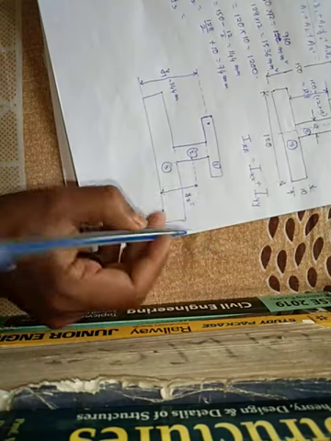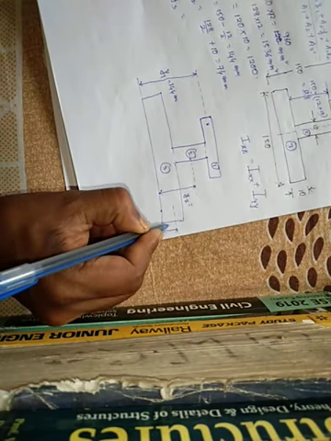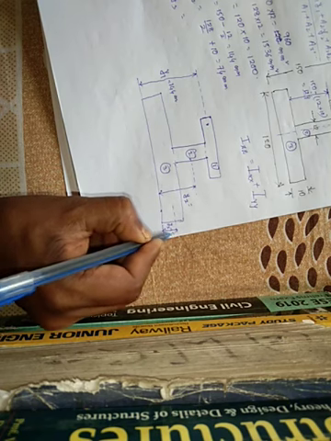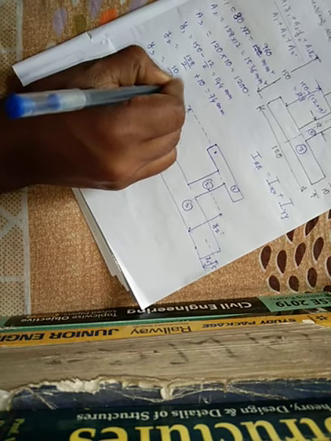And y3 is obviously 10 by 2, which is equal to 5 millimeter.